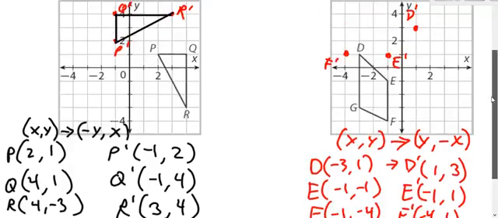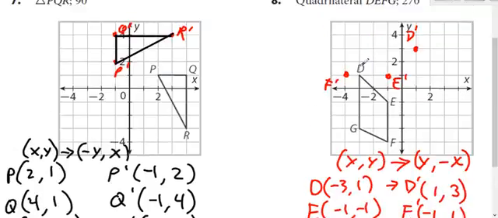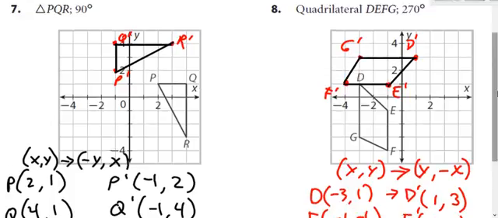And G prime is negative 3, 3. And it does look the same. It does, and it looks like we rotated it 270 around, or it kind of looks like 90 the other way.